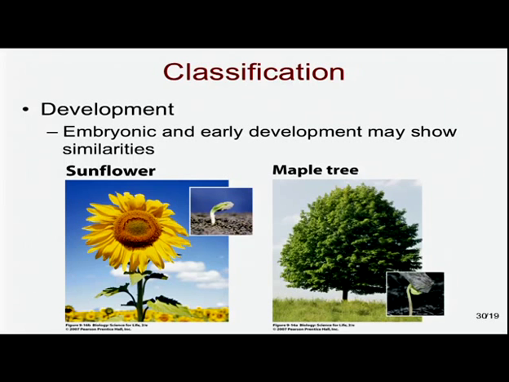But they don't look the same as adults. But if you look at their embryo or their seedlings, I would not be able to tell you which is which. I don't think any of us could say that's definitely going to be a maple tree, not a sunflower. Any little plant is really difficult to tell, they all look the same. Right? Embryologically, they're very, very similar. Okay?